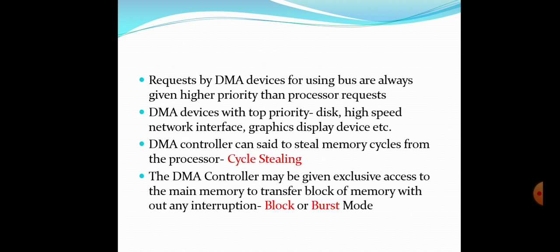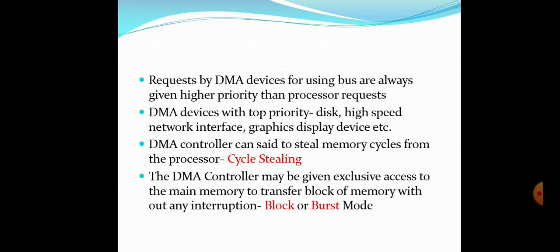Likewise, the requests by DMA devices for using the bus are always given higher priority than processor requests. Some DMA devices with top priority are the disk, high-speed network interface, graphic display device, etc.